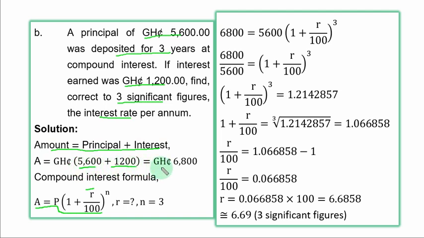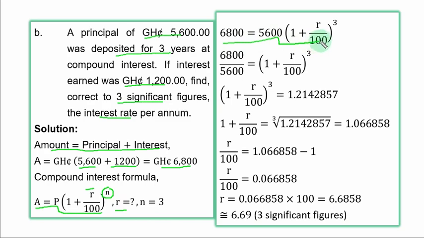If you add, you have 6,800 Ghana cedi as the amount. N is the number of years, 3. R is unknown. So if you insert all the values into the compound interest formula, you have it in this form.